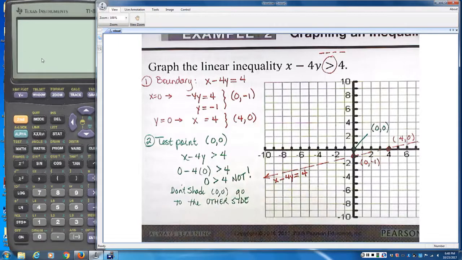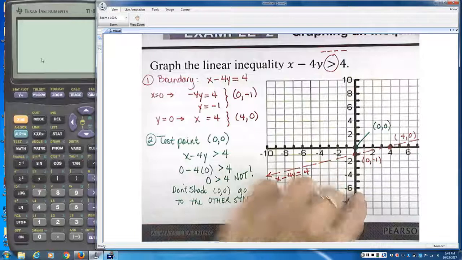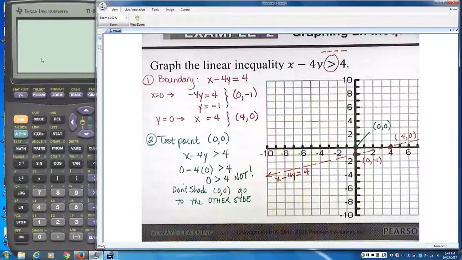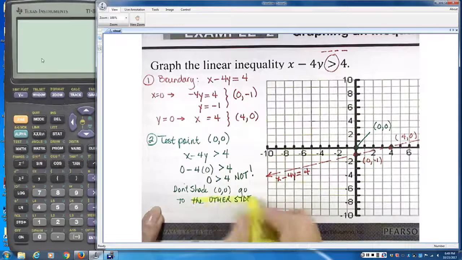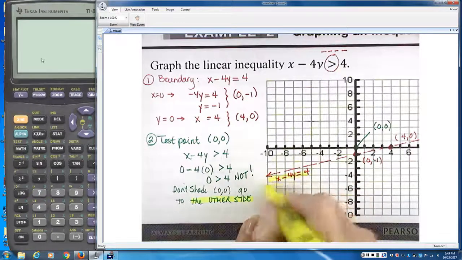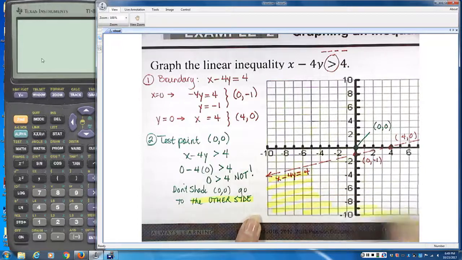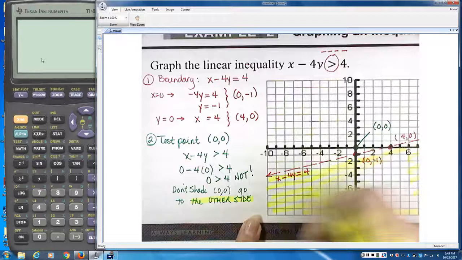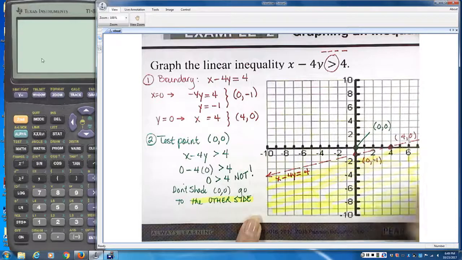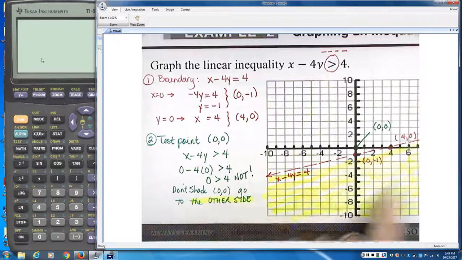And since my line's only got 2 sides, this side and this side, and I'm not supposed to shade up here, that tells me I shade on the other side. So I shade down here. That means any point that I pick on that side solves the inequality.